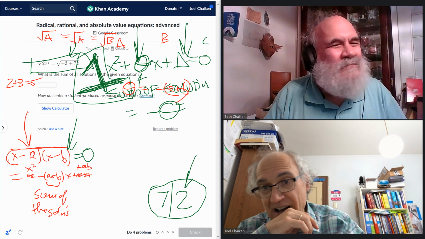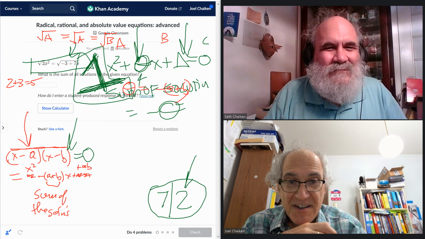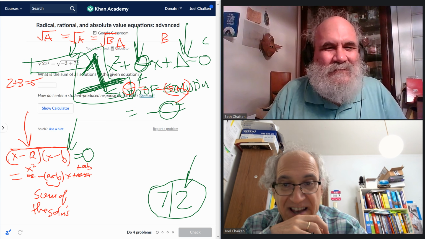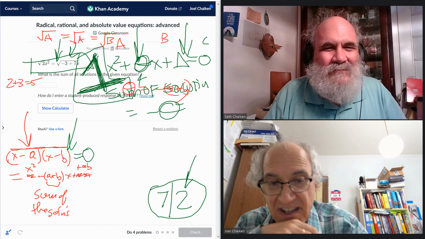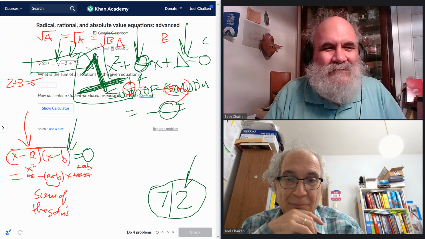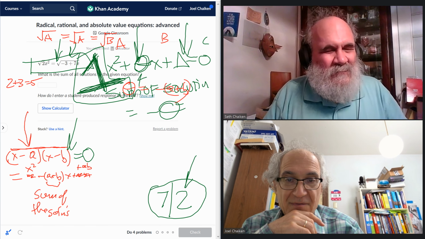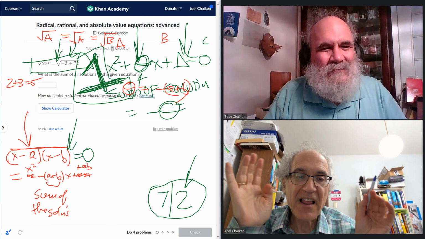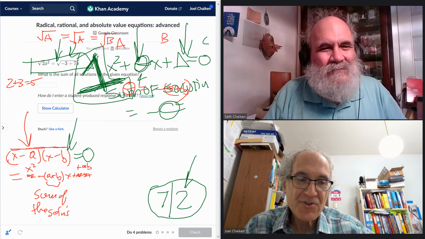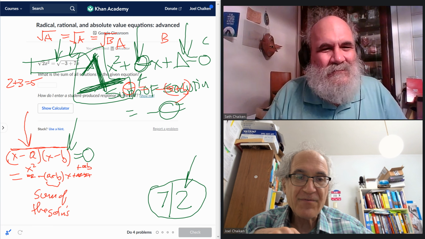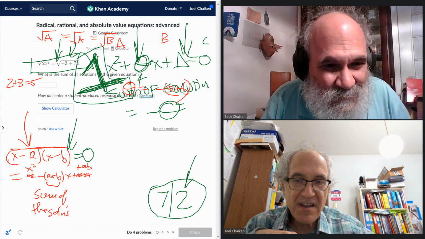You'd actually have to solve this quadratic, get the answers, test each answer, and then sum them up. So I would probably at this point have just taken a chance. So I'm really interested to see what they say in the answer. Are they going to deal with the fact that this doesn't have extraneous solutions?